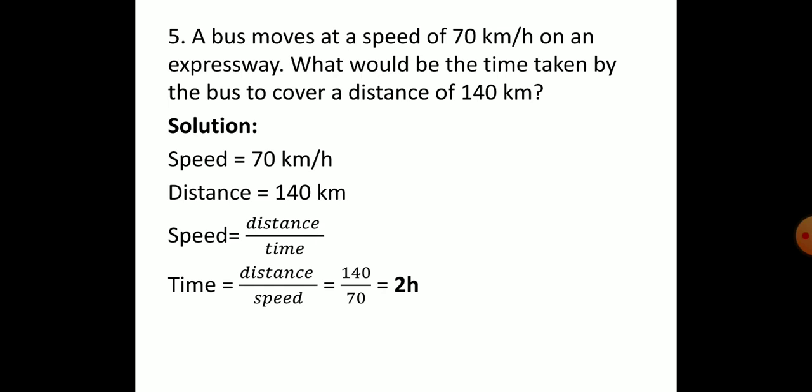So the speed is equal to distance by time. I only want the time, so I'll push the speed to the denominator. So time is equal to 140 divided by 70, which is equal to 2 hours. So the bus will cover the 140 kilometers in 2 hours.